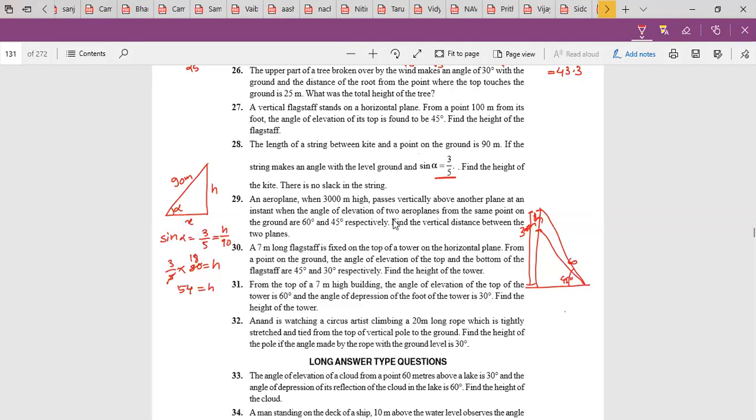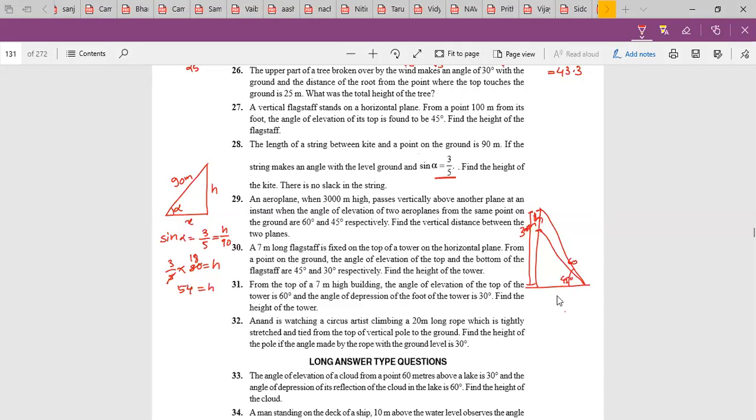Ma'am, on the 29th I'm still getting 1732. What have you done? First tell me which ratio you have taken. Ma'am, first I did tan 60 equals 3000 by BC, the base, which I kept as x.